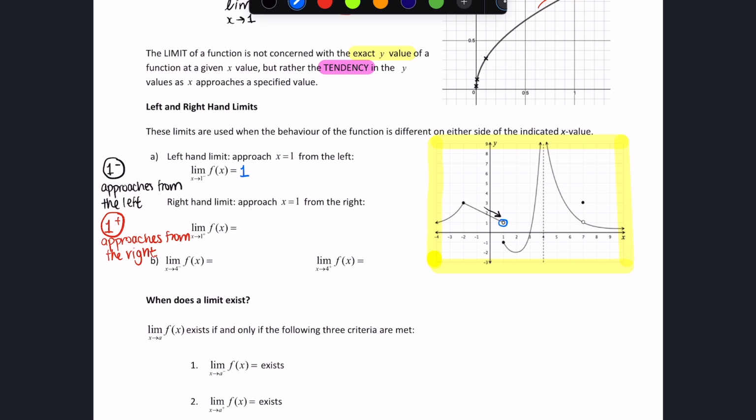If we go from the right hand limit, approaching it from the right hand side, we see that it approaches negative 1. If we look at the limit from 4 negative, so going from the left side, and from 4 positive, they both go to positive infinity.